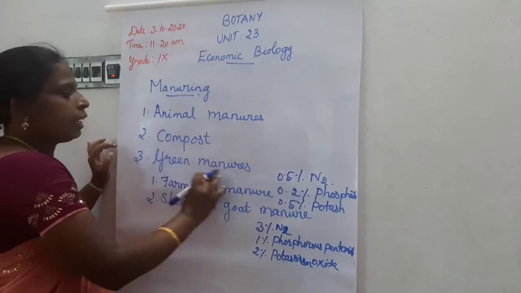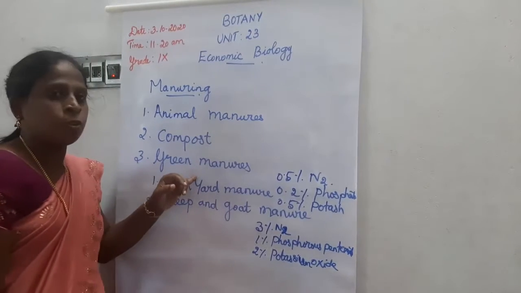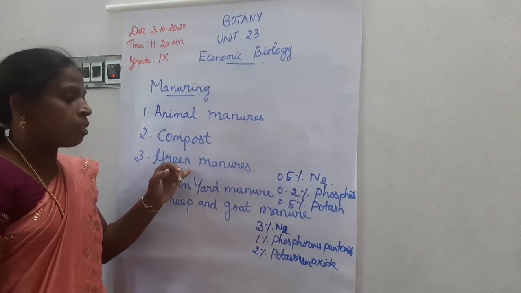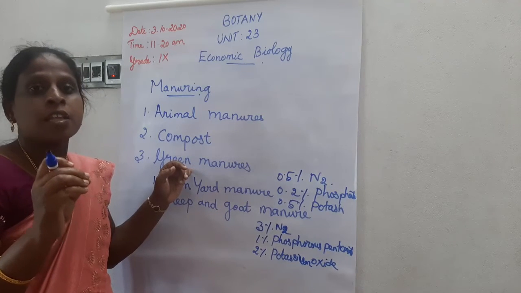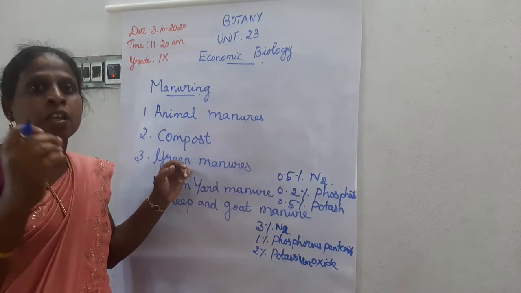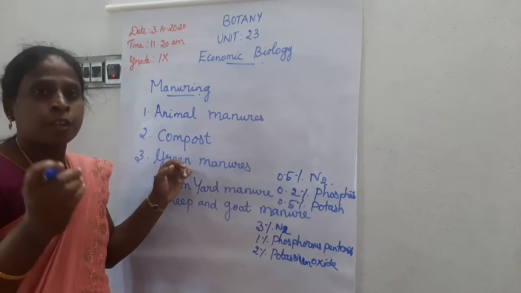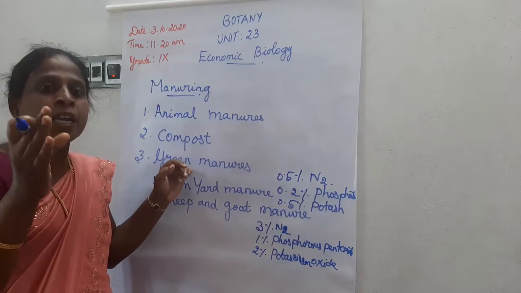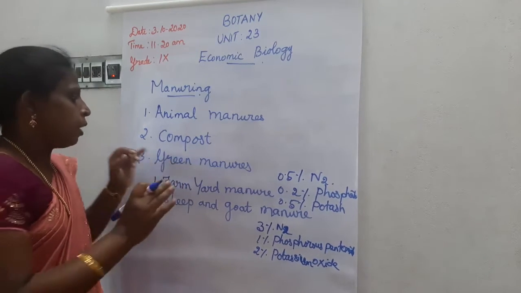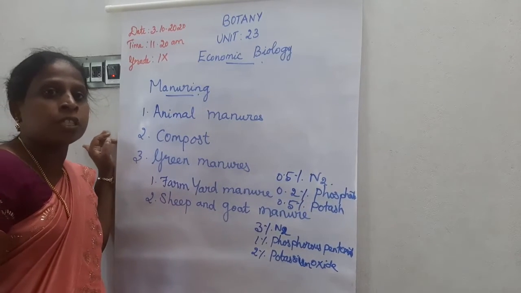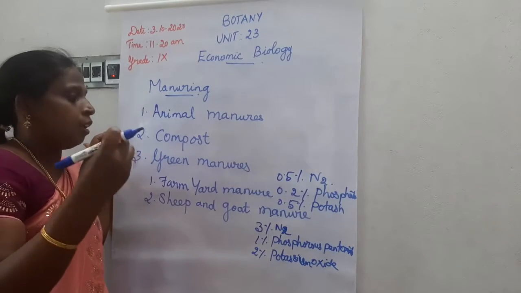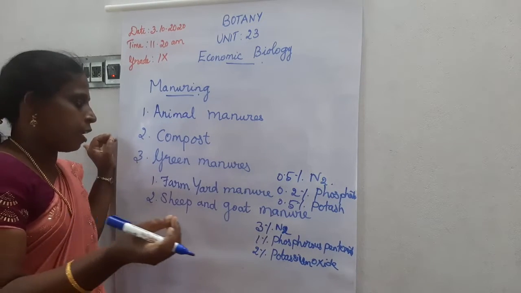The third one is green manures. What are green manures? Green manure is a collection of plant materials such as green leaves and twigs of leaves, which can be decomposed naturally. Some examples of green manures are plant twigs and leaves.